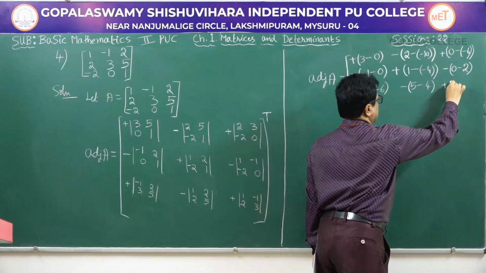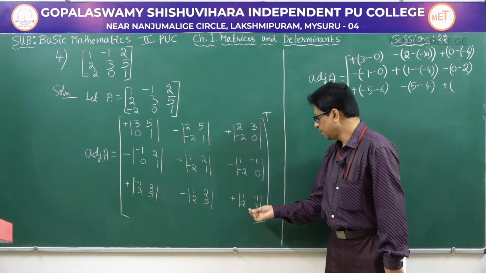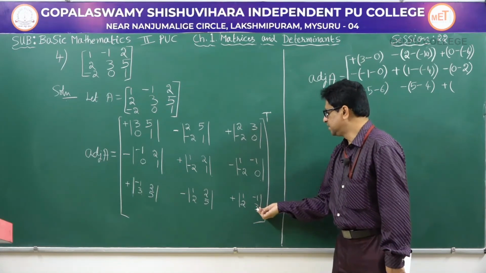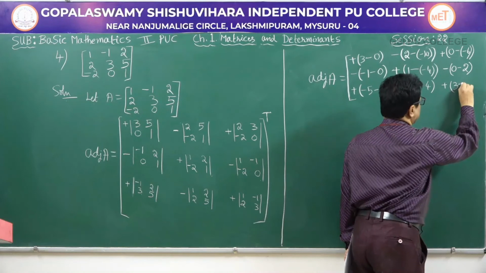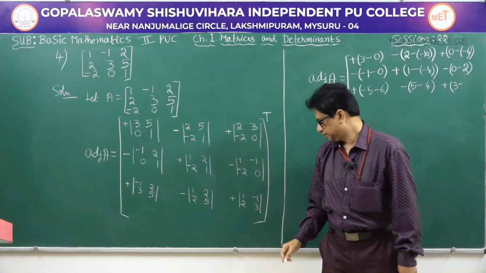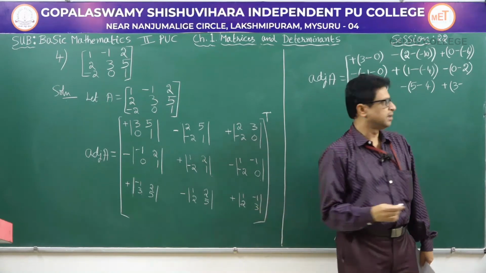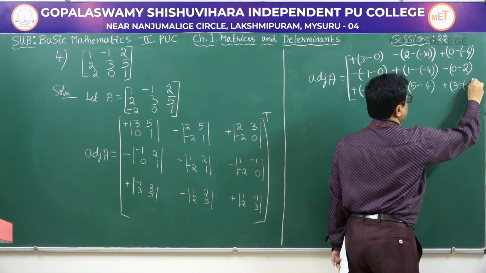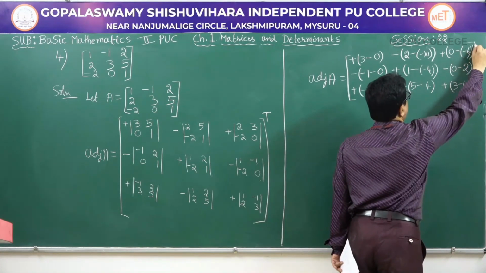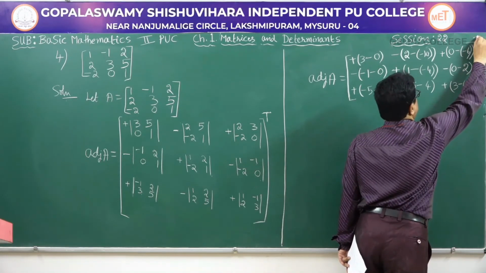Next plus 1 into 3, 3, minus 2 into minus 1, minus 2. After this we have to put T.